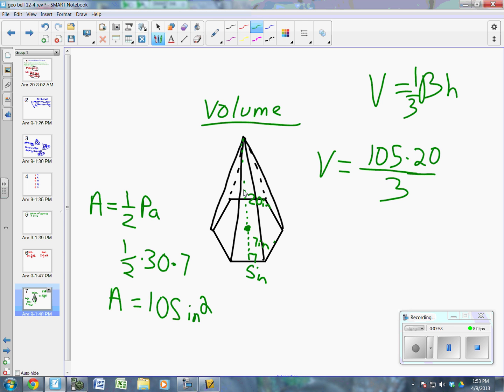So what would we get? 700 exactly? 700 cubic inches. 105 times 20 divided by 3. Okay? That's how you find the volume of a pyramid.